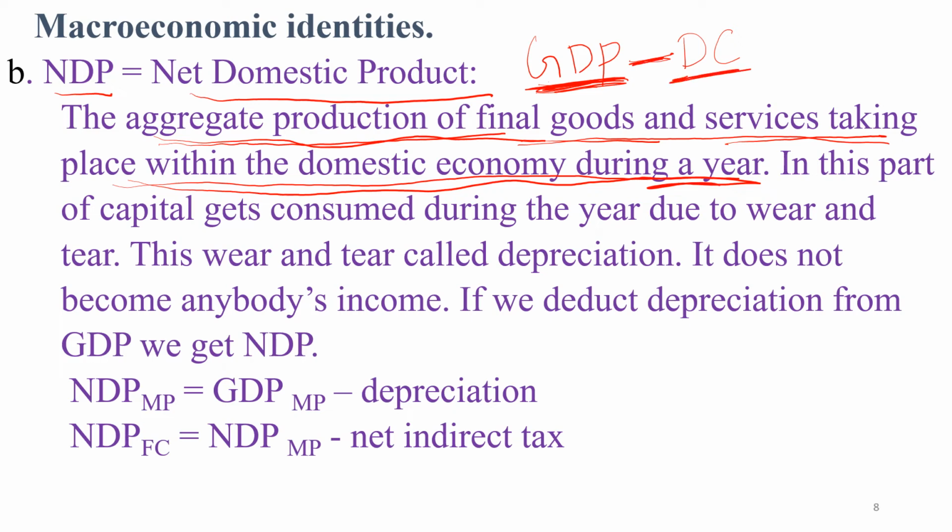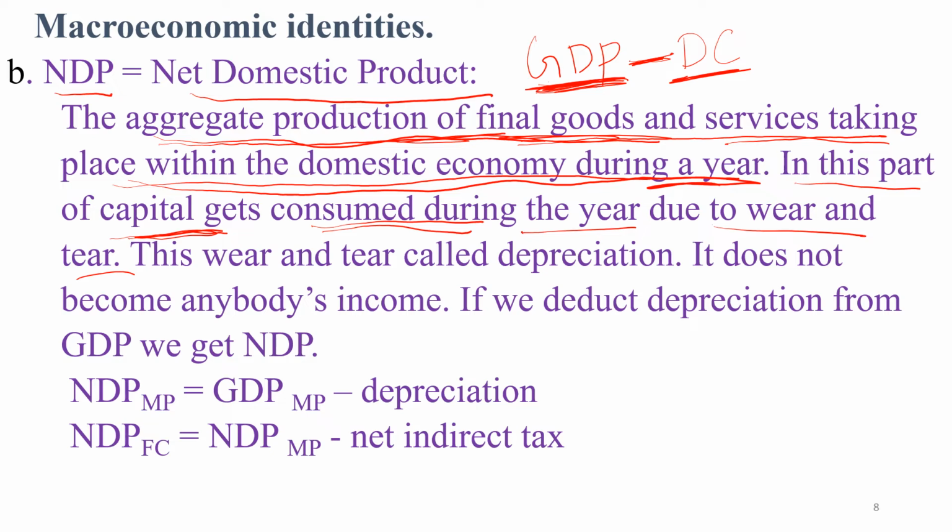What do depreciation charges mean? The capital gets consumed when we are participating in the production of final goods and services. During that period, the capital gets consumed during the year due to wear and tear. So when there is wear and tear or capital loss, there should be regular repair and maintenance.